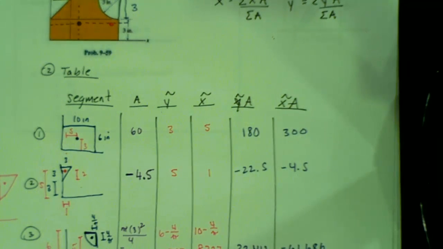This is center of area, so we're just finding the average of the area, essentially. So it should be in the visible center, or what we would assume would be the center. Any other questions about this one?